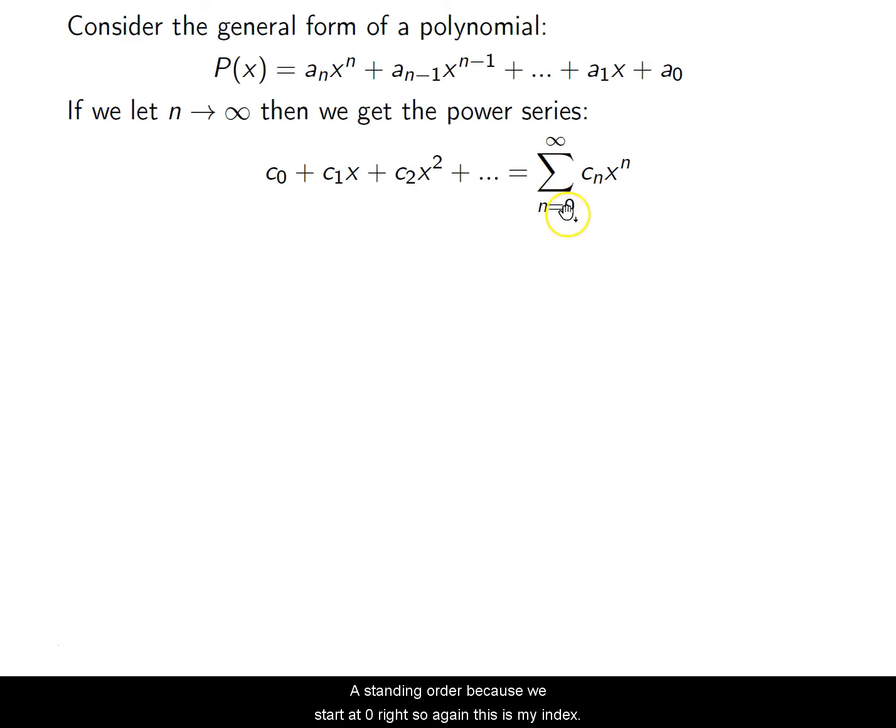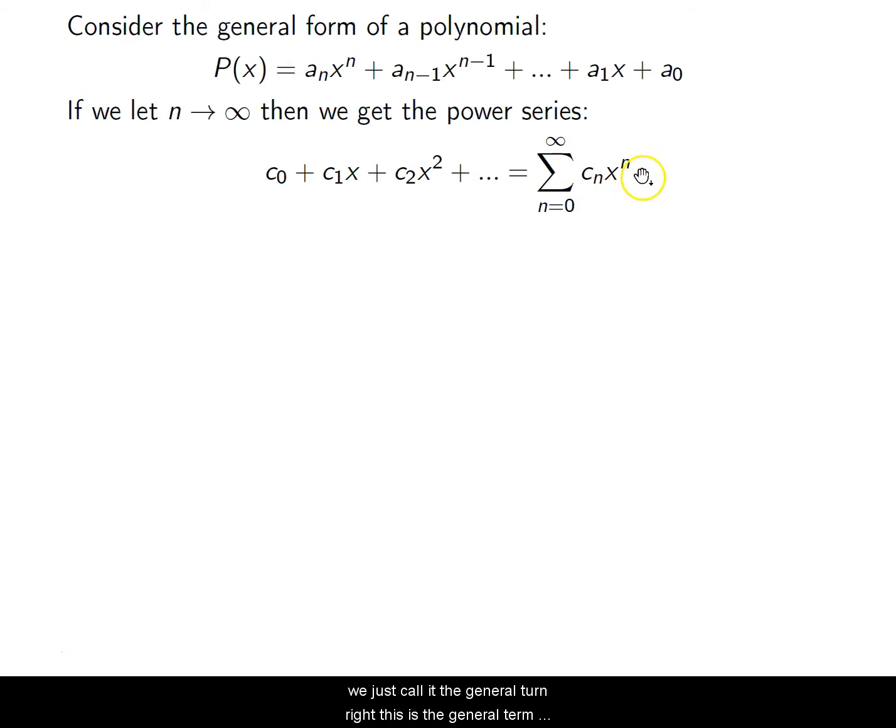So again, this is my index. This is my ending value. These represent my coefficients, and these are my power terms. Okay, so this is a standard, what we call Maclaurin power series. This value right here, c sub n x to the n power, doesn't really have a name, so we just call it the general term, right?